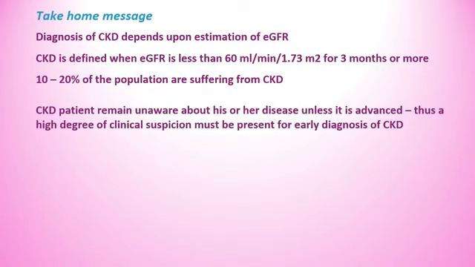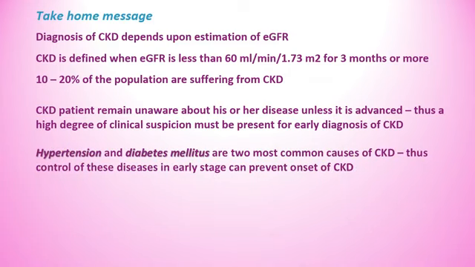CKD patients remain unaware about his or her disease unless it is advanced. Thus, a high degree of clinical suspicion must be present for early diagnosis of chronic kidney disease. This is a very important statement.